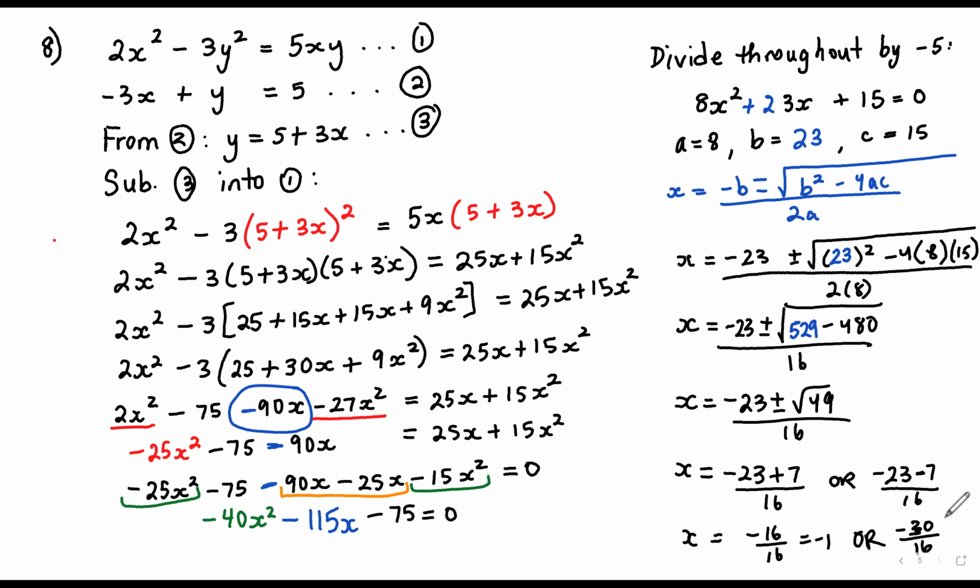Right, so the answer, hold on. So now we substitute x is equal to negative 1 or negative 30 over 16 into the equation to get what y is equal to.